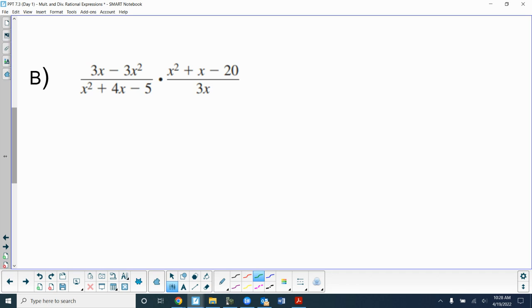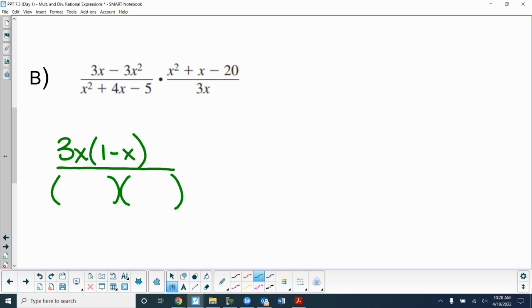So what can I factor out in the top left? 3 and x, right? What's 3x divided by 3x? 1. What's negative 3x squared divided by 3x? Negative x, right? What are the factors of negative 5 that add up to 4?